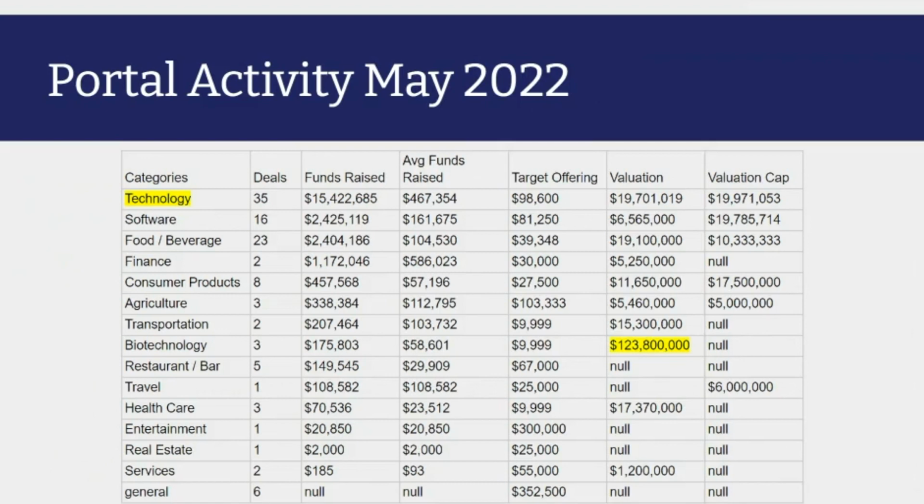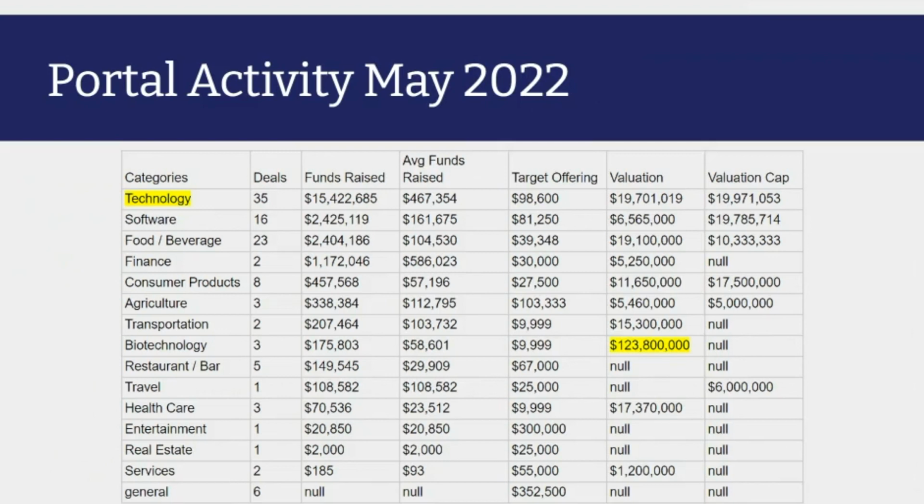The example I have there is a biotech company that itself has raised $175,000. However, they're valuing themselves at $124 million. Not likely going to sustain $124 million if you need more capital in the very near term.